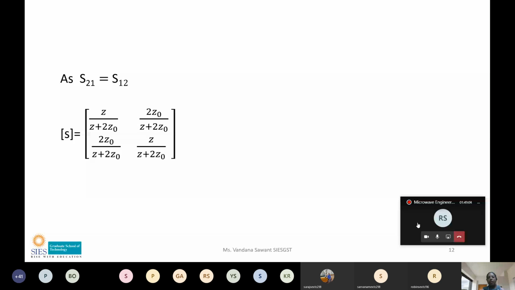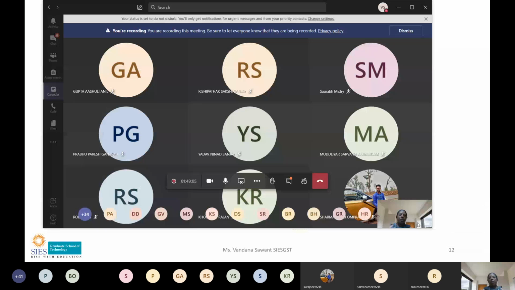Now the first thing is, I will tell it again: to solve each and every sum there are different methods. To find the S parameters for a transmission line, first we write the equation for the transmission line and consider it a lossless one.